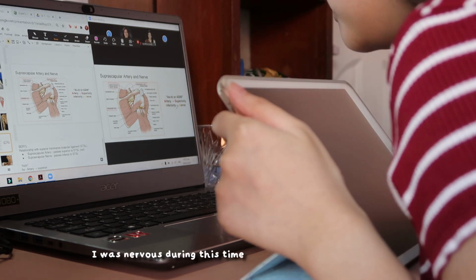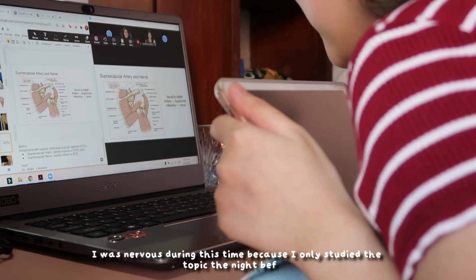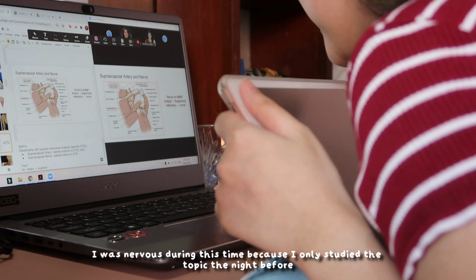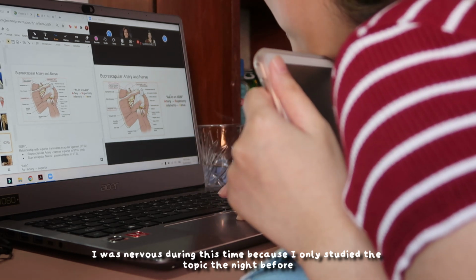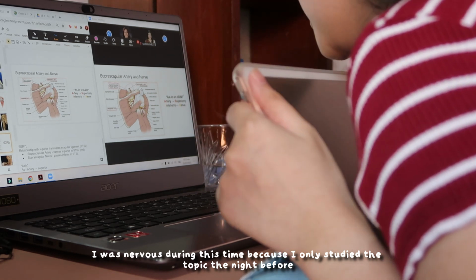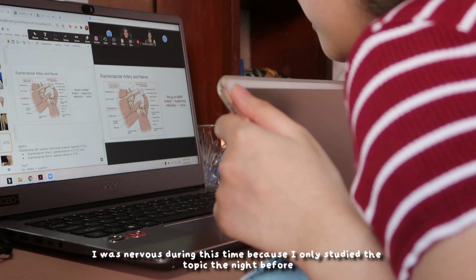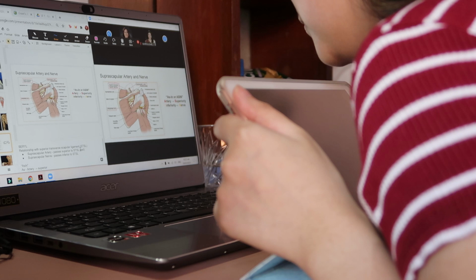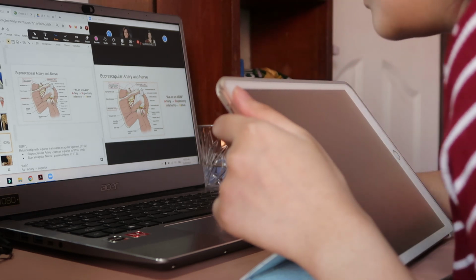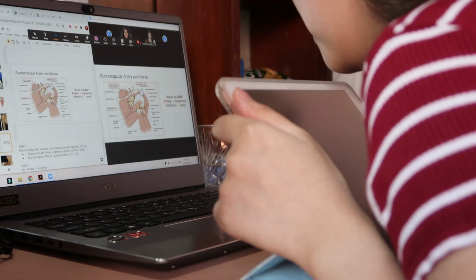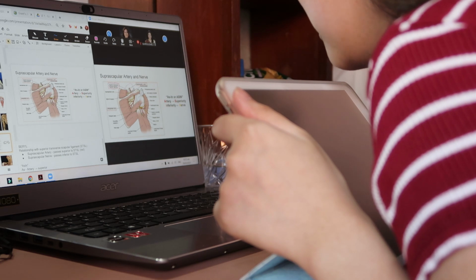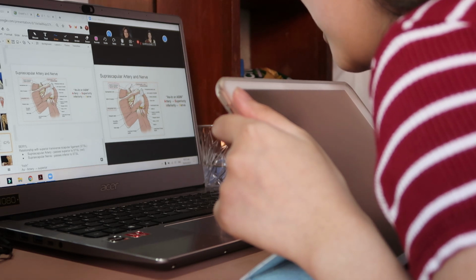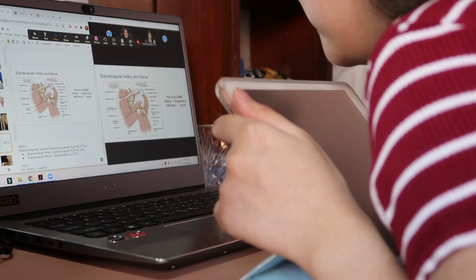So yung way of remembering this, I made this parang memory technique. Hopefully it helps also for you. So yung artery, it passes superiorly to the superior transverse scapular ligament. So makikita niyo yung red nasa superior siya or sa taas siya ng ligament.